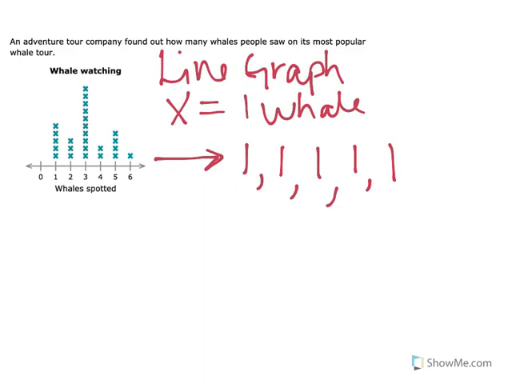So I see that there are 2 X's above the number 2. 3 X's above the number 3, so I'm going to write 3 3's. I see that there are 10 3's.